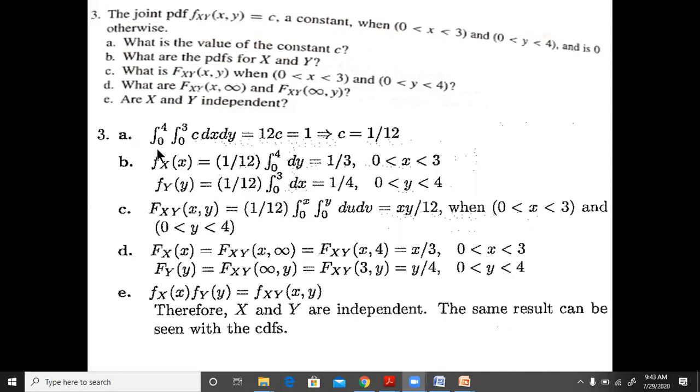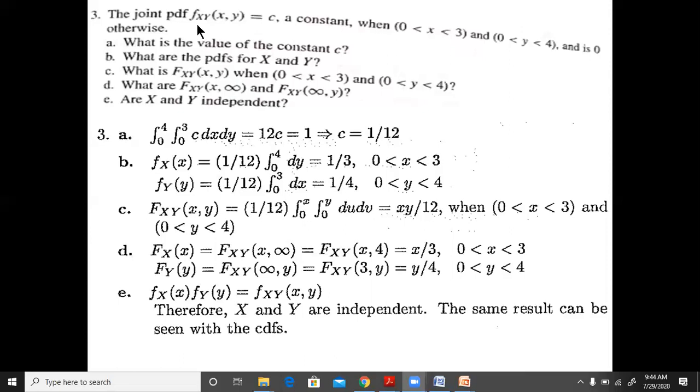Sometimes people will write x equal to 0 to x equal to 3, y equal to 0 to y equal to 4, so that it will be clear which integral corresponds to which variable, because that is the range of values.